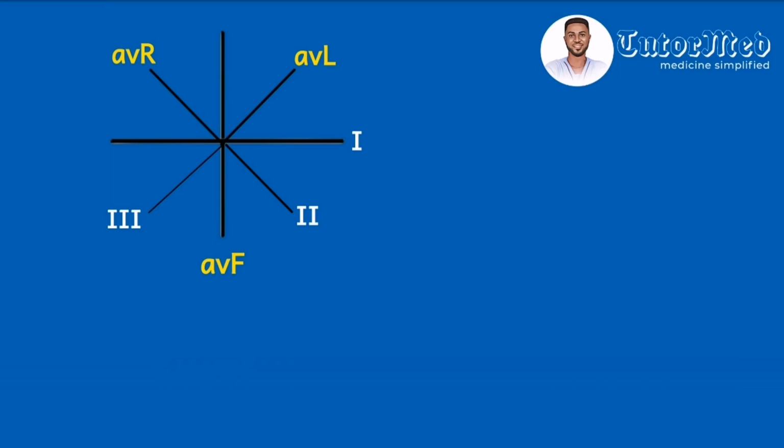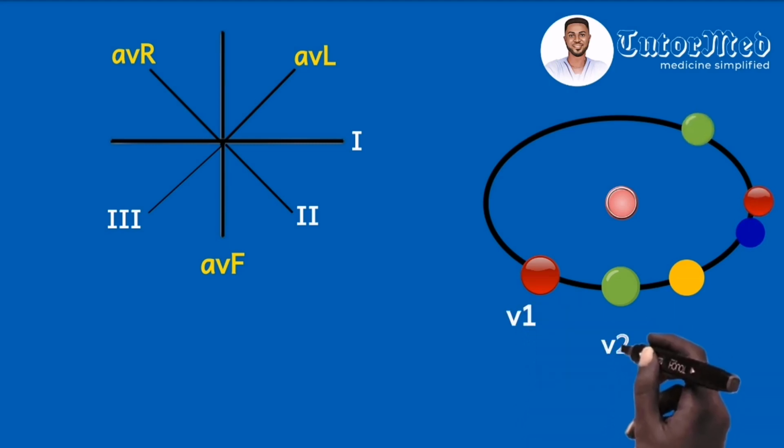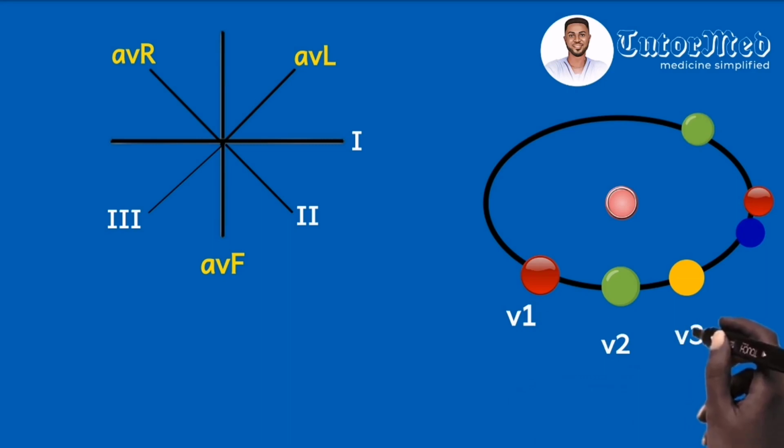Now on the chest leads, let's draw our cross section and then put these guys there. We have the central terminal there, the first chest electrode, second chest electrode, third chest electrode, fourth, fifth, and sixth. And so we have V1, V2, V3, V4, V5, and then V6.